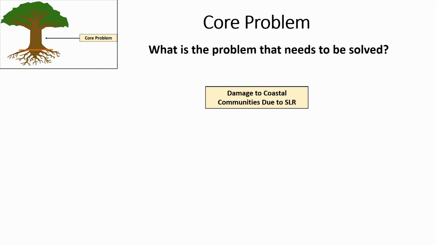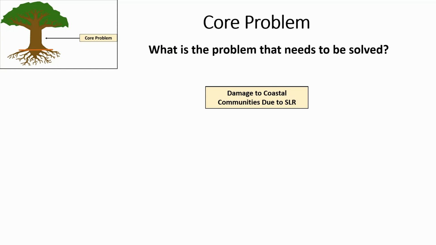So when I'm doing my problem tree, I'm thinking ahead to what the ideal state is, what the desired condition, what the improved future is that I want to bring about with my project. And so the core problem has to be something that's feasible, that I can solve.